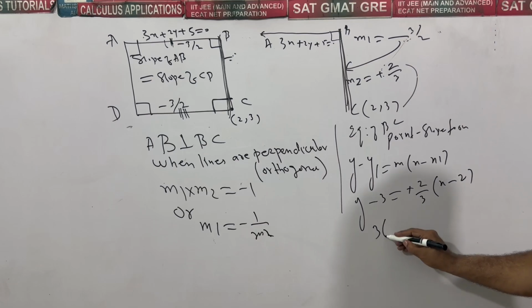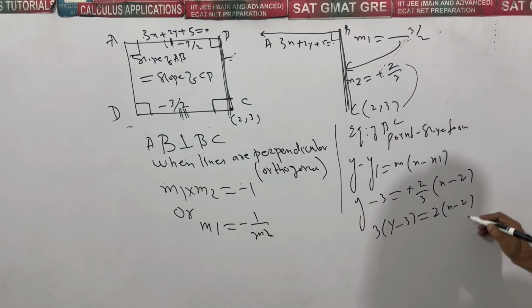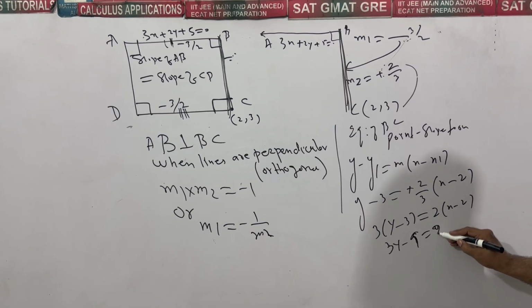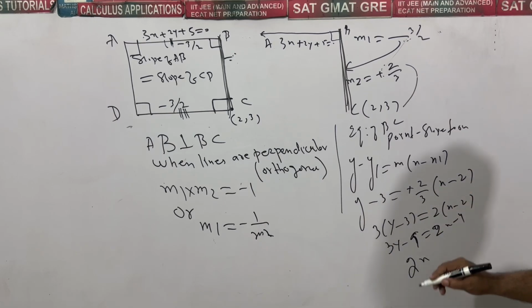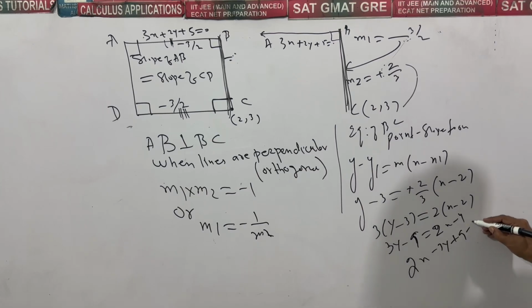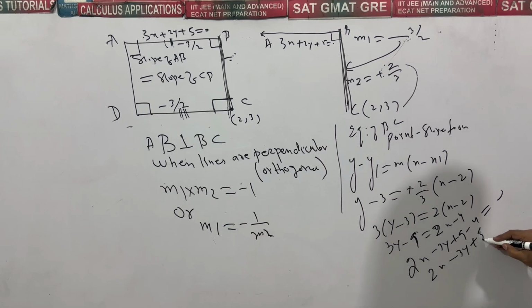Shift 3 here, it will become 3 times y minus 3 equals 2 times x minus 2. I have 3y minus 9 is equal to 2x minus 4. Shifting this quantity there, keeping in mind the coefficient of x is positive, 2x minus 3y plus 9 minus 4. So I have 2x minus 3y plus 5 is equal to 0.